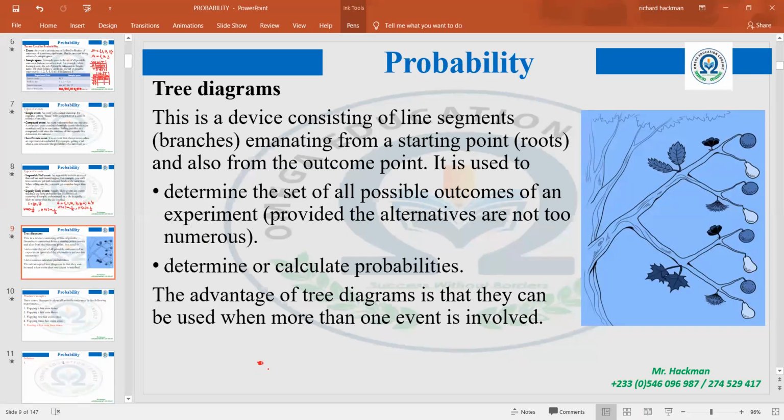So maybe this is the root, and you have outcomes. If I roll a die, the first trial will give 1, 2, 3, 4, 5, 6. So the number of outcomes you get in each trial will determine the number of branches you are going to get. Am I clear?